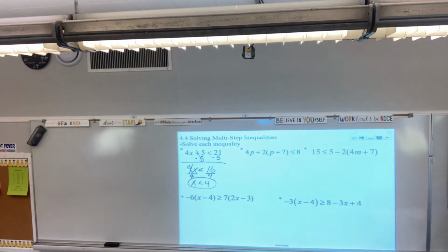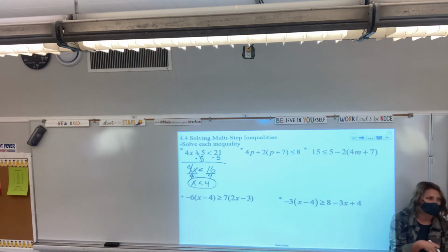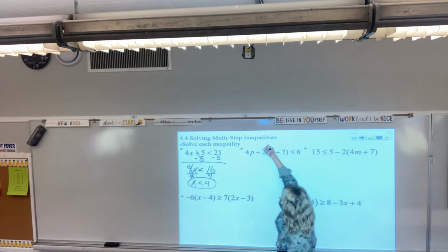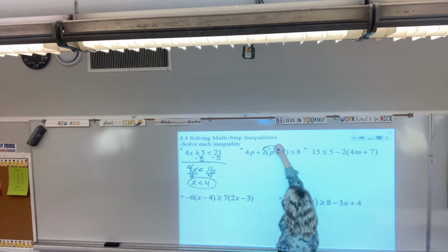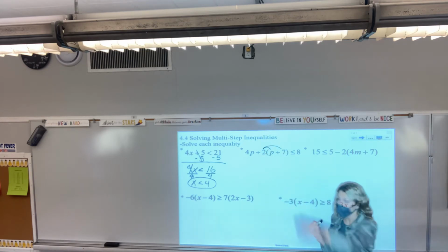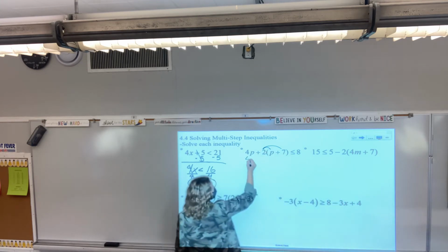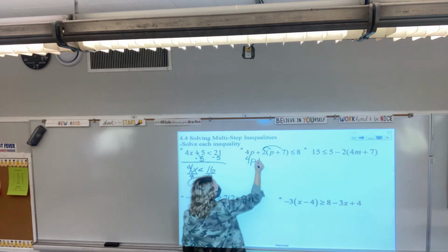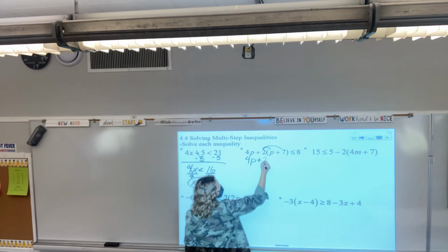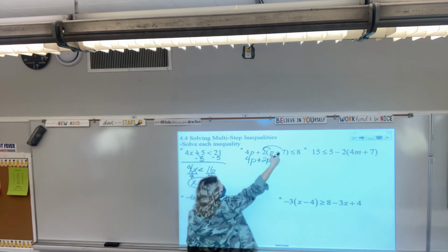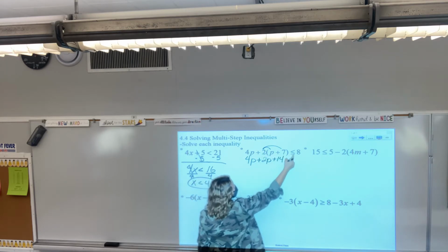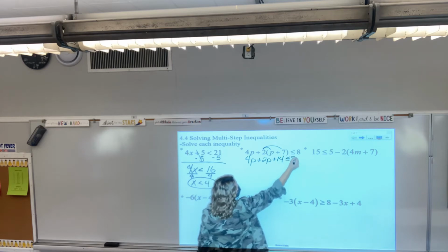Okay, this next problem we're going to combine like terms and distribute. We're going to distribute first though. So I'm going to take this 2 and multiply it by everything in the parentheses. Bring the 4p down, plus 2p, plus 14 less than or equal to 8.